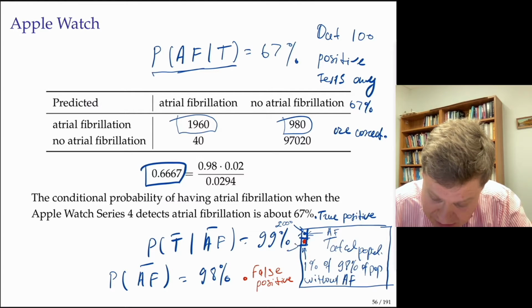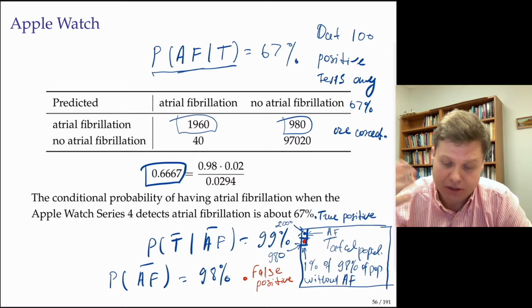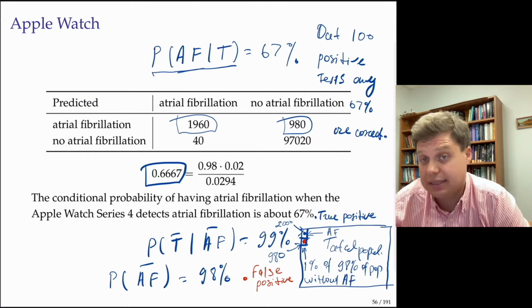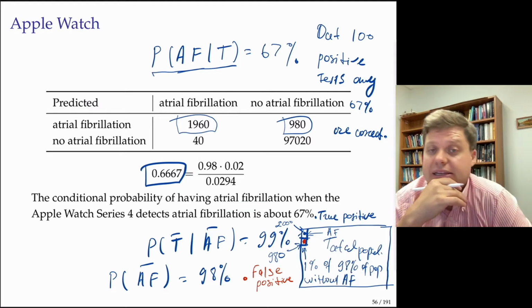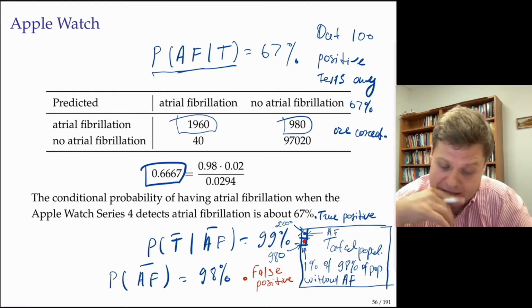And the size of the other square is 980. If you take the ratio of those two squares, you actually get 67%. So in 67% of the cases, the test will correctly predict arterial fibrillation.